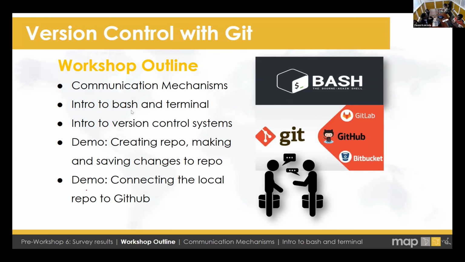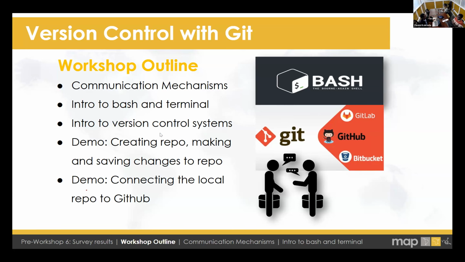We are also going to introduce Bash and Terminal, specifically the Terminal in RStudio. And we will talk about version control systems, and the focus will be more on Git.